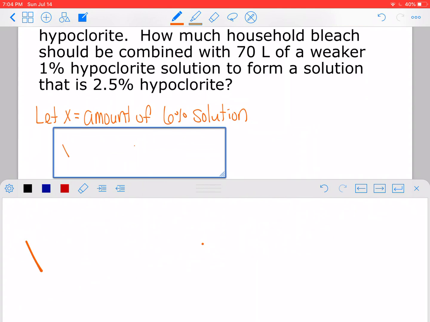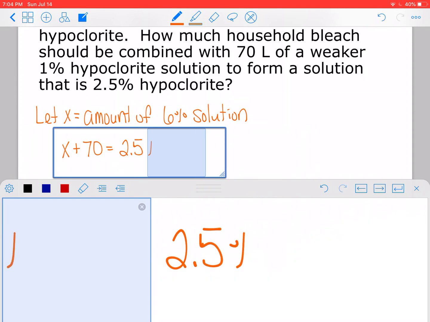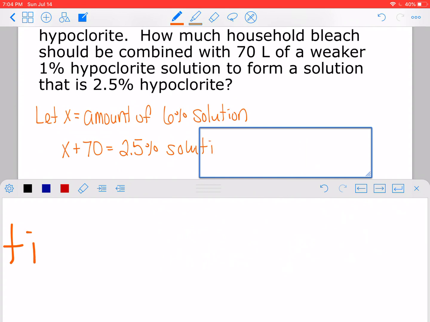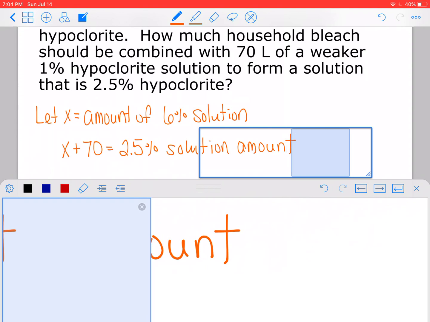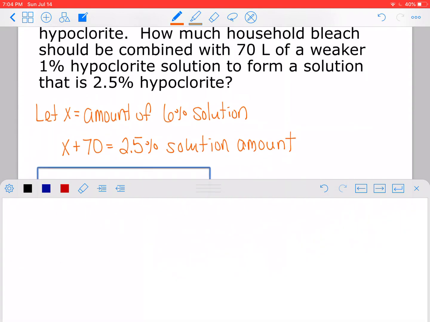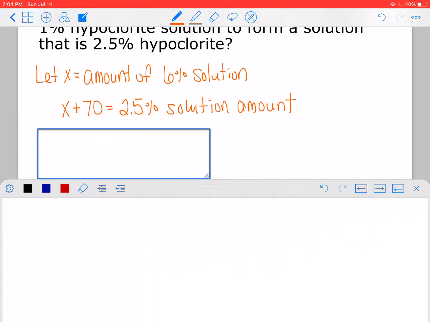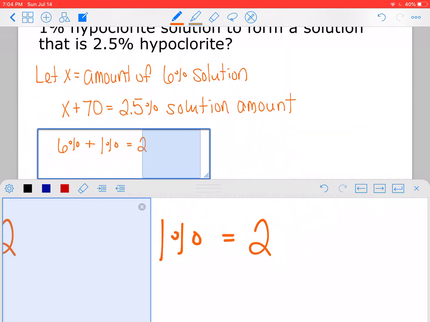And so the amount of the 6% plus the amount of the 1% will be giving us the 2.5% solution.